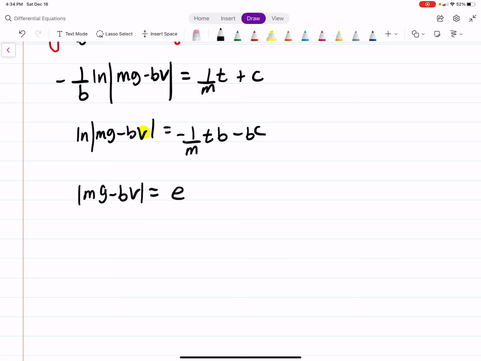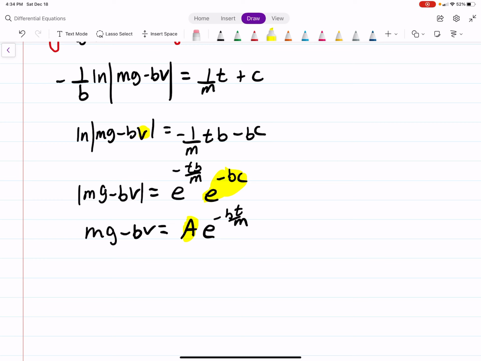So you have e to the minus bt over m, times e to the minus bc. I'm just going to call this A e to the minus bt over m. A, in this case, is just a constant. So I'm just writing it in a way that's a little bit easier.